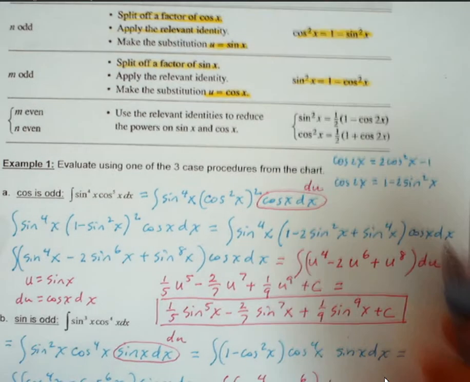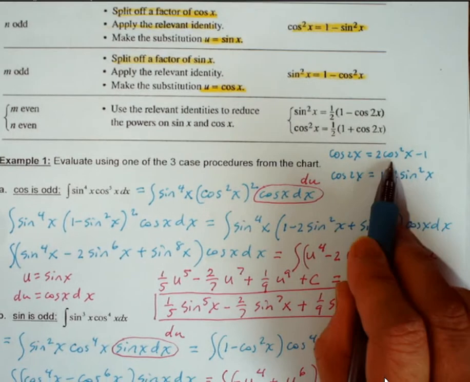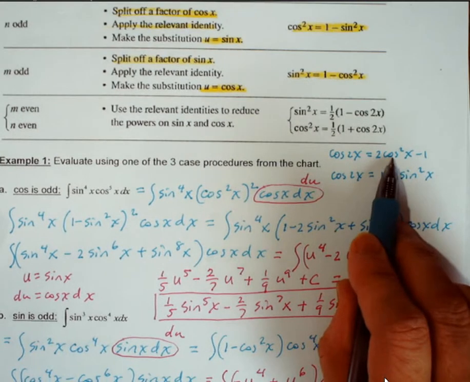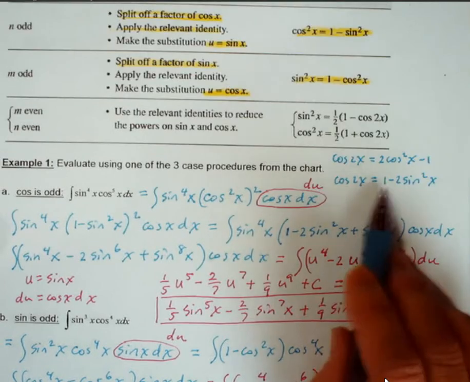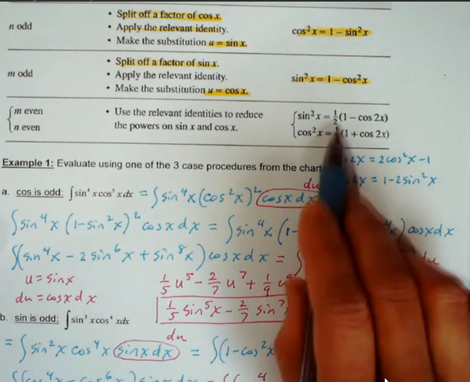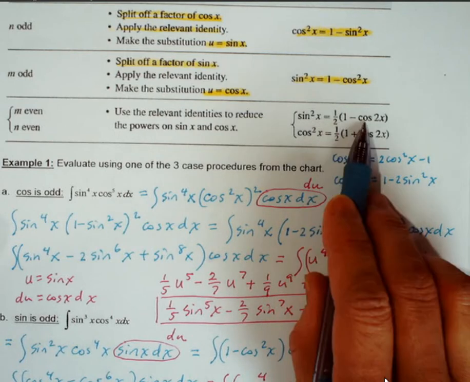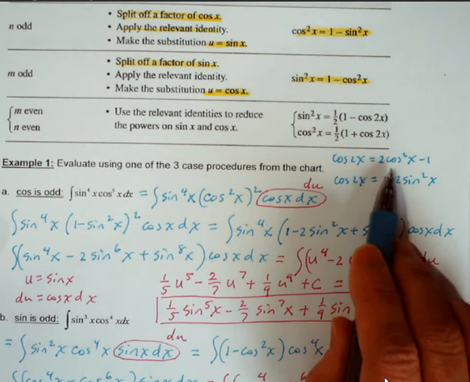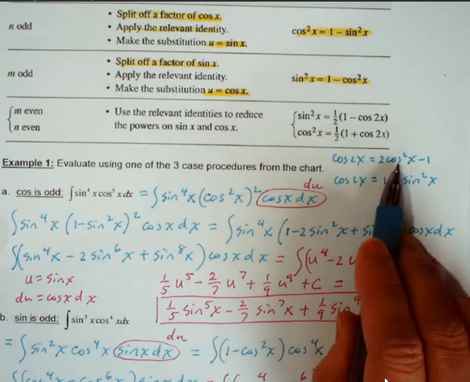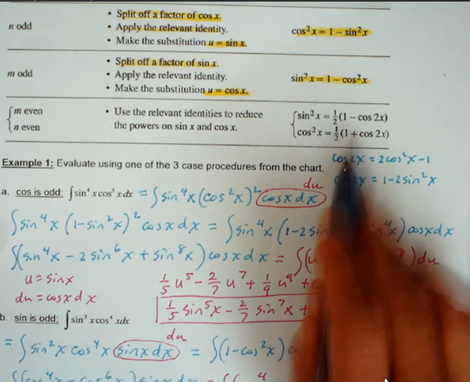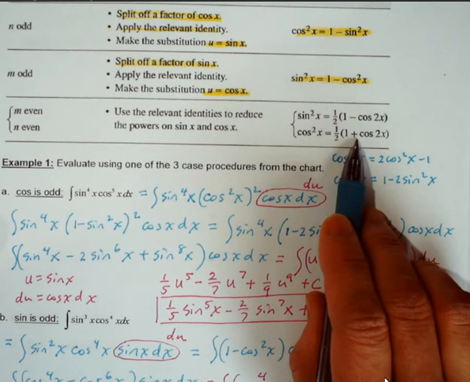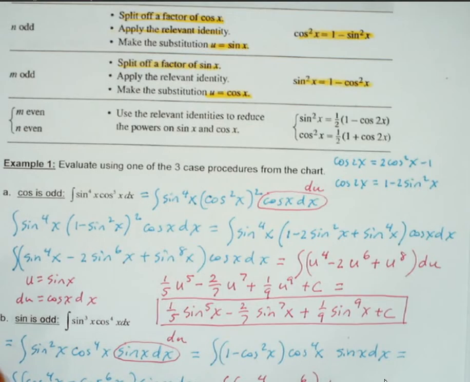If you solve for cosine squared in this one, that's how you get this version, and if you solve for sine squared, that's how you get this top version. Basically, you're rewriting each of the cosine squared and sine squared as one of these, and then multiplying that through. Now I'm going to go back to my page 11.